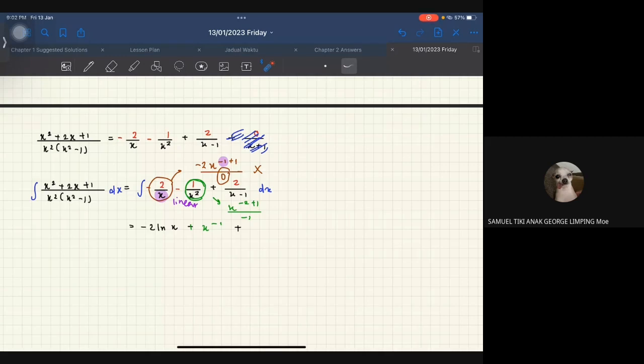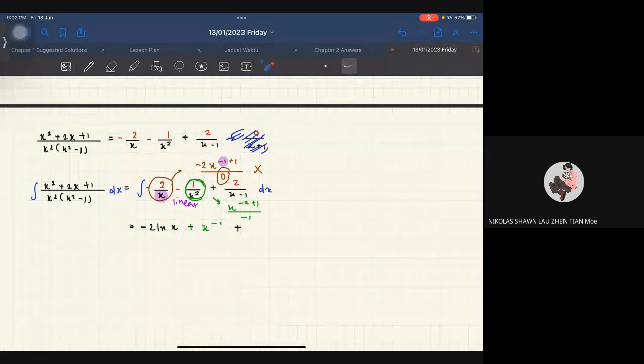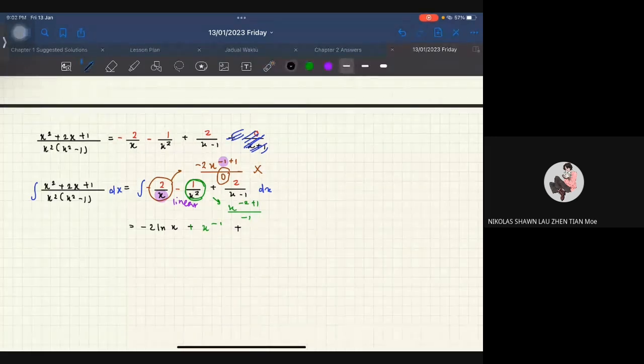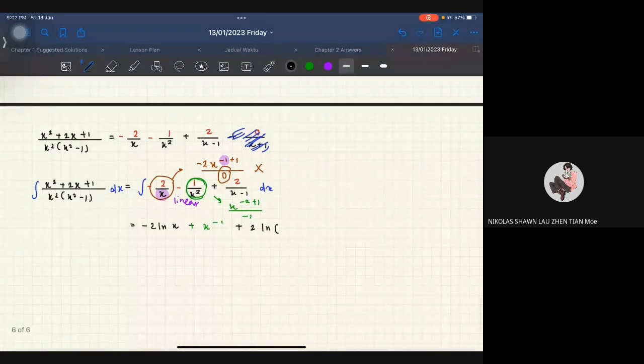Come on guys. Last one. 2 ln x minus 1. Yes, betul. Exactly. Good job. Okay. So kita akan dapat ln sebab bawah tu adalah linear. So awak dapat 2 darabkan dengan ln x minus 1. Alright, and then don't forget to always plus C bila dah settle semua integration awak.